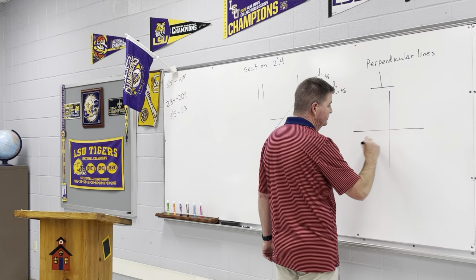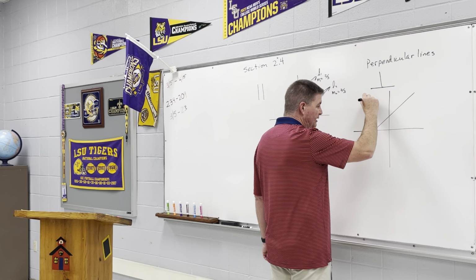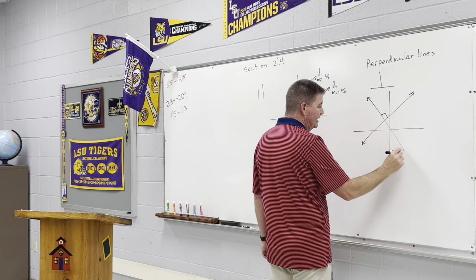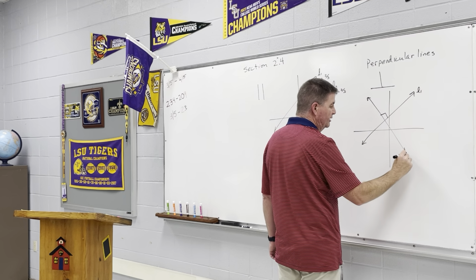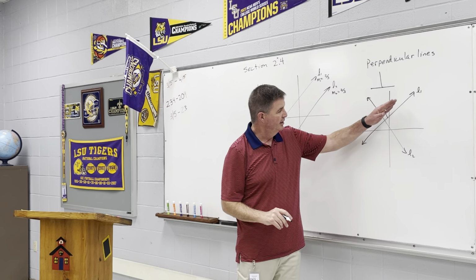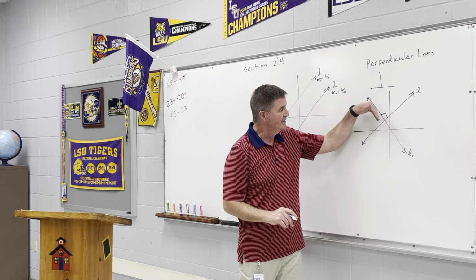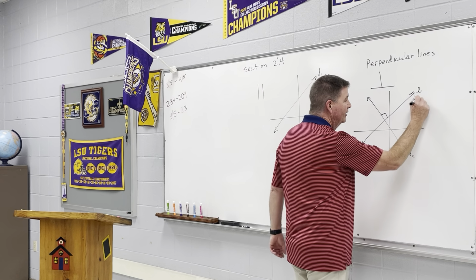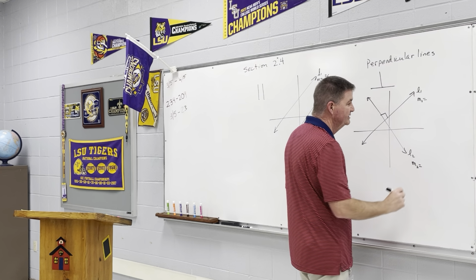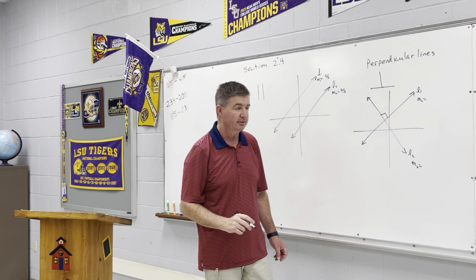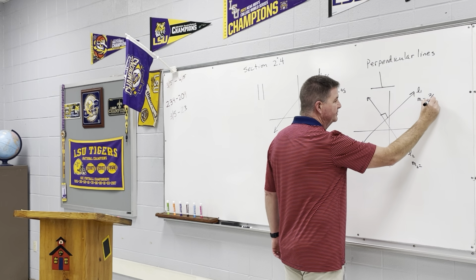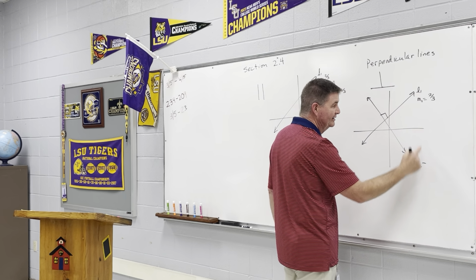If this is line 1 and this is line 2, their slopes have to be opposites. This one's going uphill, so it is positive, and that one is going downhill, so it is negative. Not only are the slopes opposites, they are opposite reciprocals. So if this one going up is 2/3, then this one going down would be negative 3/2.